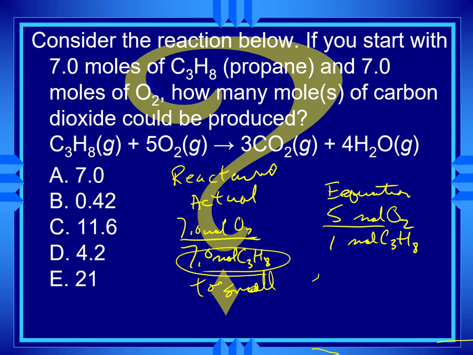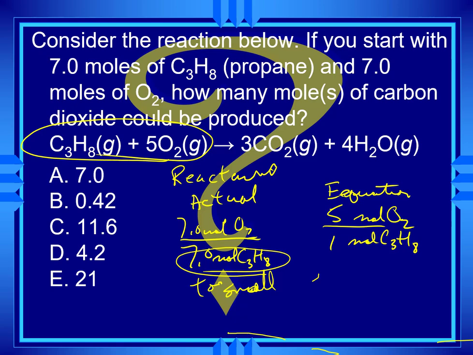And that tells me if too much of my excess reagent is C3H8, then my limiting reagent is O2. Or you can actually see that up here, that in moles I use my oxygen 5 times as fast. See how that equation says I use it 5 times as fast? So if I start off with equal amounts, I'm going to run out of oxygen first, because I use it 5 times faster.